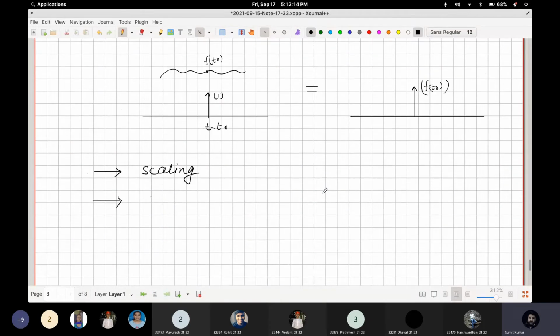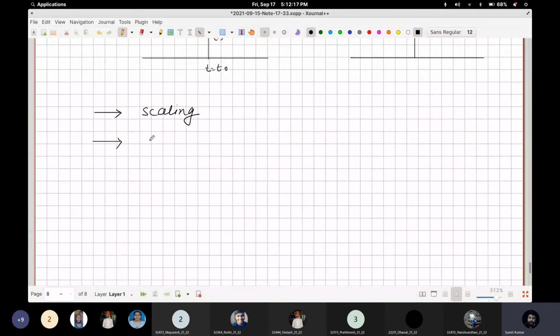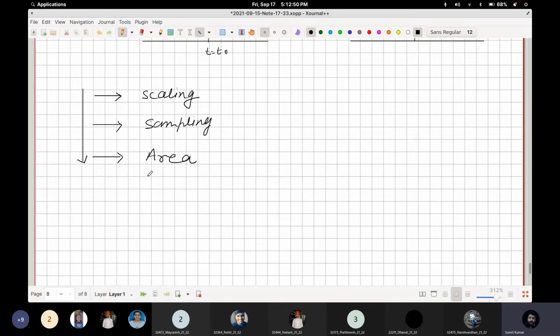So that's why it is called sampling. And after that, the third thing you will apply is area. Okay, so if you get some problems, always remember that the very first thing you will be doing is taking the a in delta of at outside, then doing the sampling, and next finding the area. Is this clear to everyone? Can you remember the order of operation? So your order of operation is like this: first scaling, then sampling, and then area. And let me give you a problem based on this.